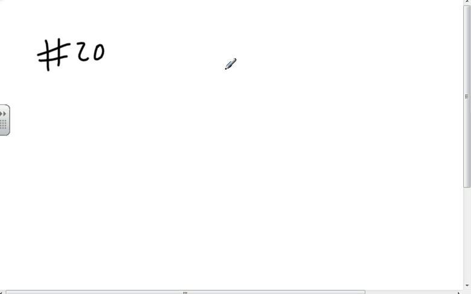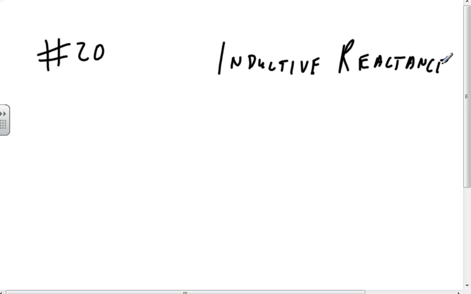Now, what are we adding to our vocabulary? We're adding inductive reactance X of L, which is 2 pi F L: 2 pi times the frequency of the circuit times the number of henries the inductor has.